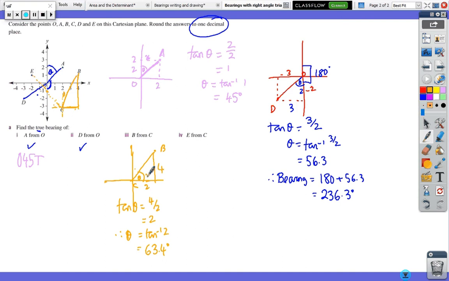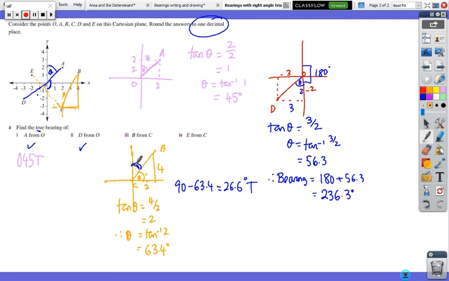But the angle is not in the right position, so the true bearing will be 90 minus 63.4, which equals 26.6 degrees, and that's the true bearing, so that's that angle there.